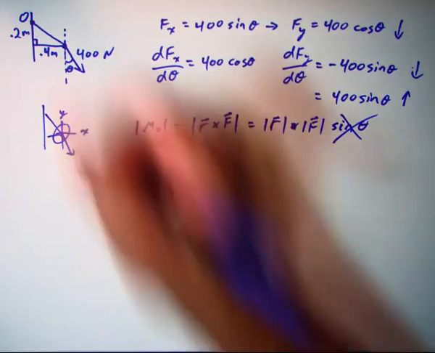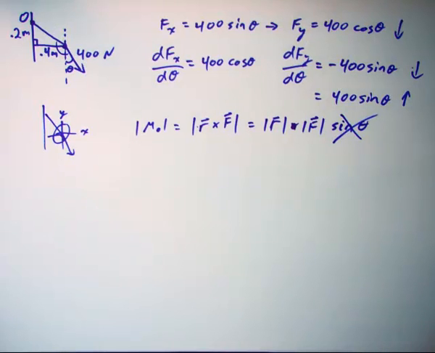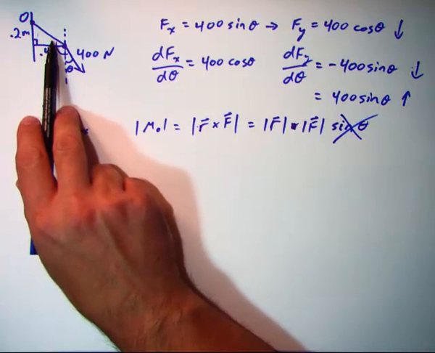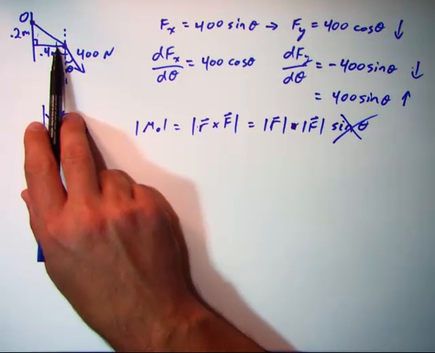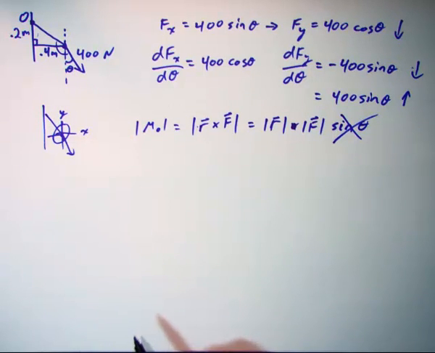But it isn't quite sine theta, it's this angle over here. And that's not necessarily easy to calculate. You're going to need to play around with an inverse trig to figure out this angle, then add 90 degrees, and then add theta. It ends up being a bit of a mess.